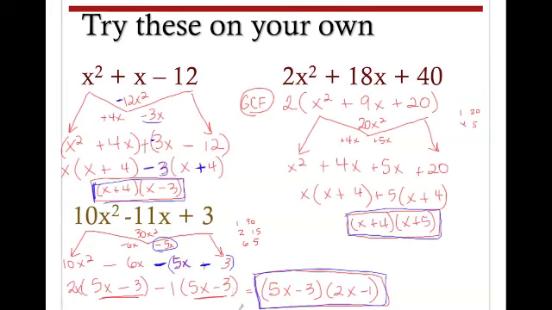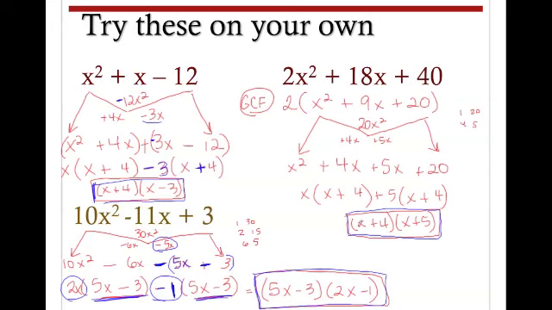So that's where that change happened. I factored out a negative 1, or just a 1 really, and it's important that you write that 1 there because that's a common mistake that students do. It reminds you that once you get the common factor of 5x minus 3, then you're left with the 2x minus 1. If you don't put that 1 there, it's easy just to drop it.